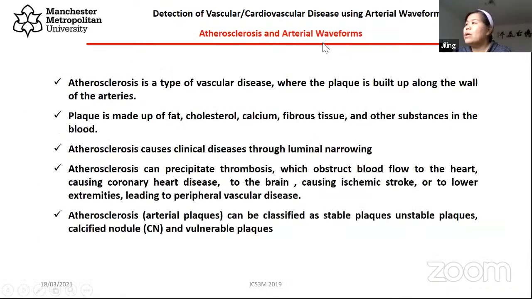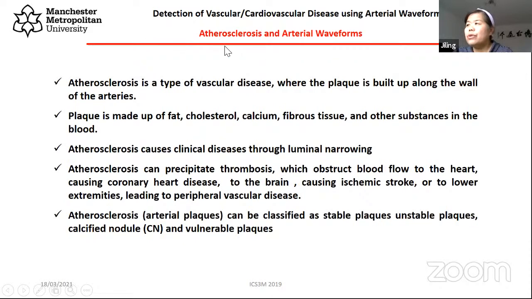And now I will talk about one of my projects I'm currently doing, that is the detection of atherosclerosis using the arterial waveform. So I will talk about the relationship of atherosclerosis and the arterial waveform.